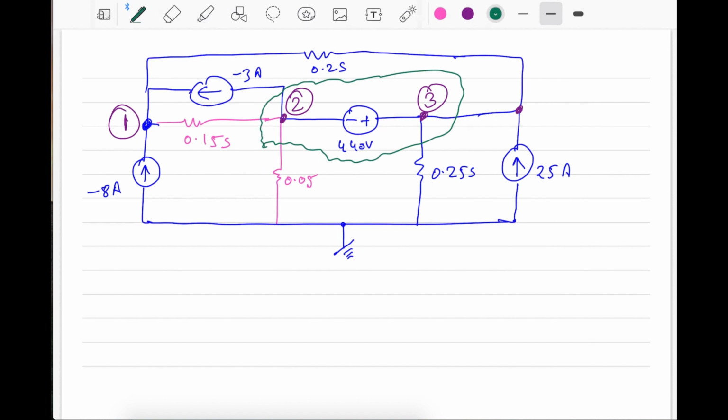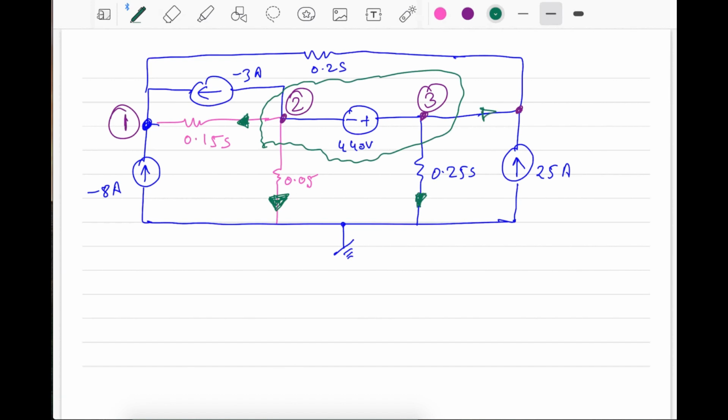So if you create a super node here, and you want to write the node equation for this super node, I will write it down. Let me know in case you find trouble in understanding it. So this will be the current which is leaving this super node. This is the current which is leaving the super node.